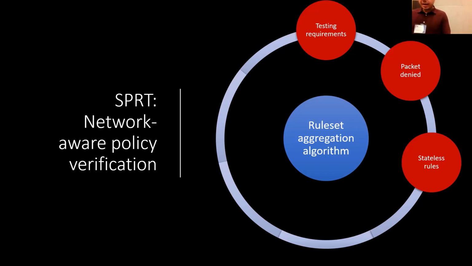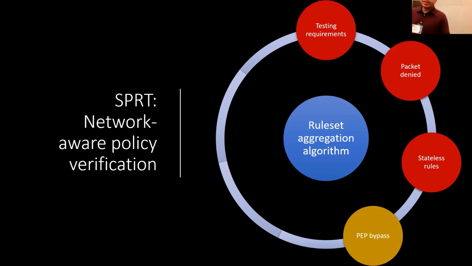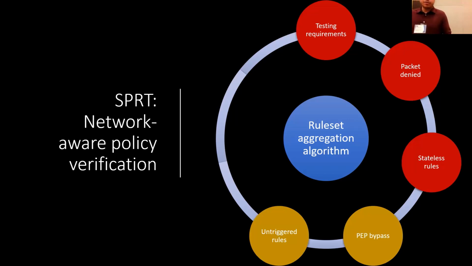SPRT accounts for that as well. In the case of multiple paths, SPRT checks the rule sets' consistency across the paths, and it also identifies rules that have not been triggered during testing, and therefore we can safely eliminate those rules without impacting the overall network policy.